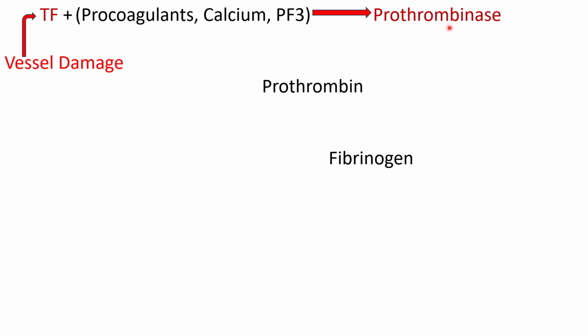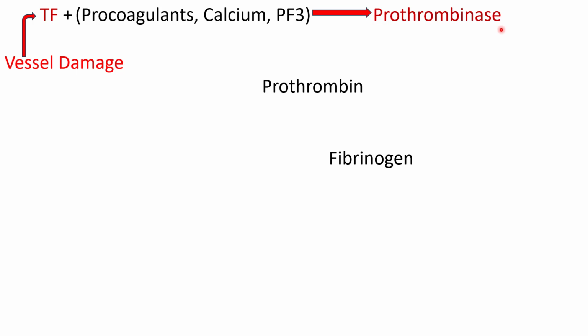Now, the way that we can interpret this is prothrombinase should only be there if there is tissue factor present. And tissue factor should only be there if there is some sort of damaged tissue. So the vessel damage releases tissue factor, which interacts with all three of these to produce prothrombinase. Now, you may or may not have heard of prothrombinase. Most people have not before this class.